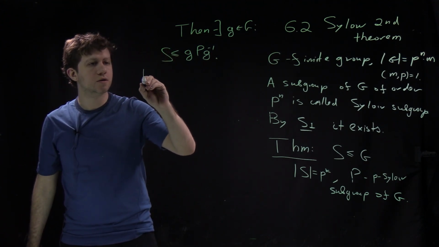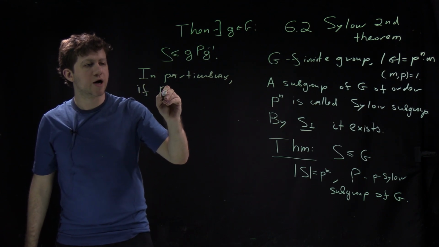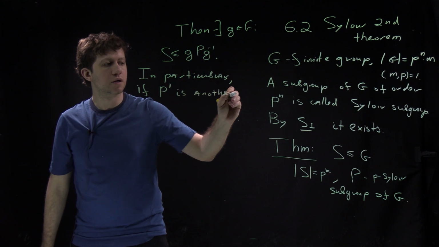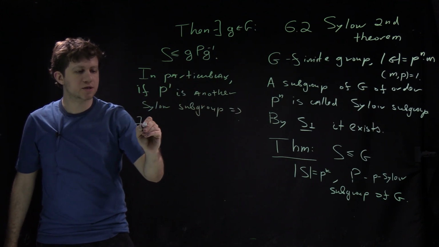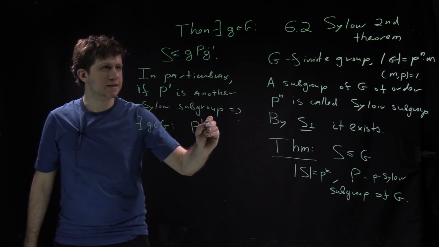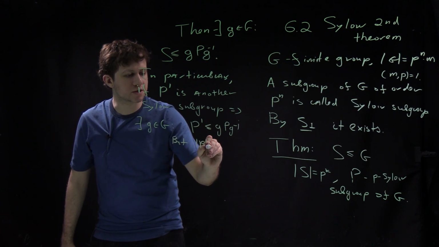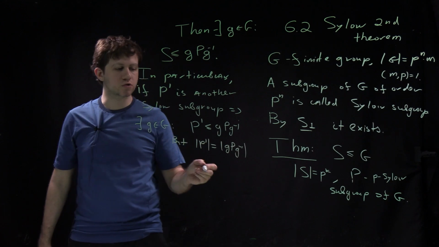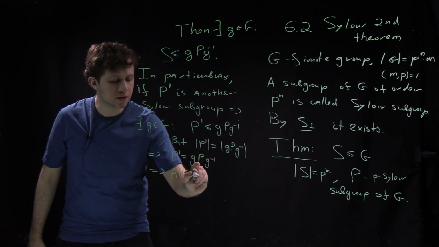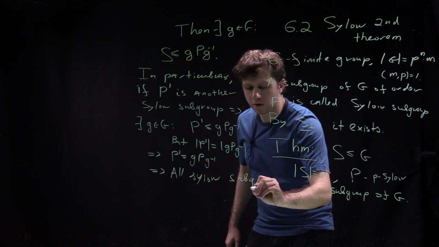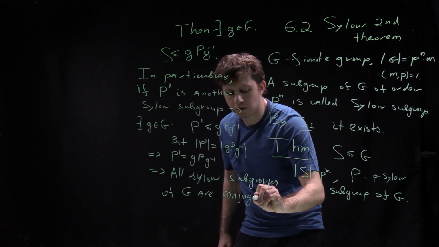So in particular, if P' is another Sylow subgroup for the same prime, then we know that there exists g in G such that P' is contained inside gPg inverse, but they have the same size, because the order is just this maximal power of p which divides the order of G. So this means that P' is equal to gPg inverse, and so all Sylow subgroups of G are conjugate to each other.